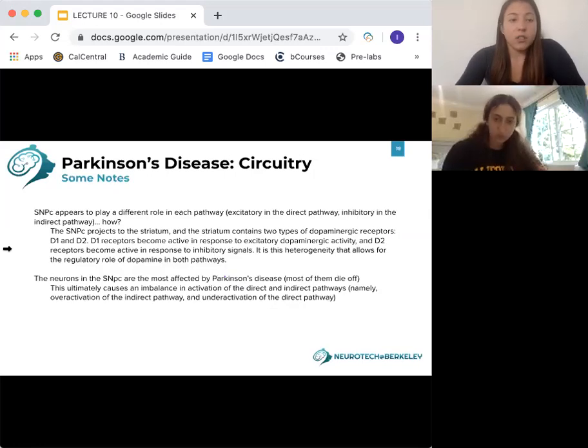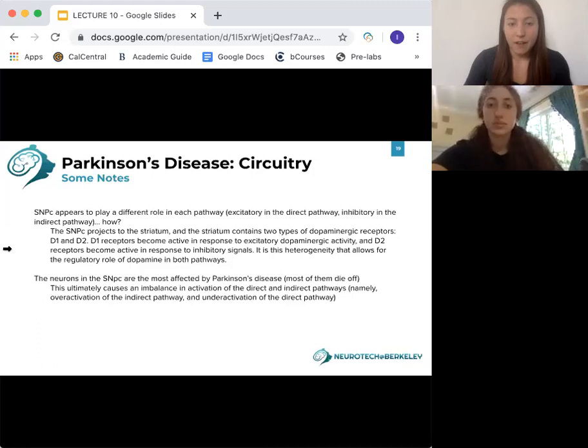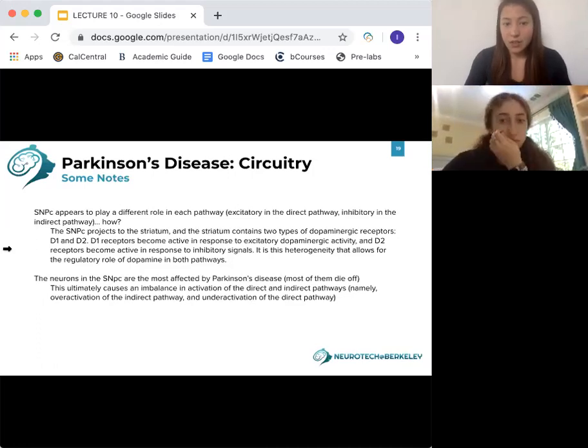Something to note about these pathways is that the SNpc appears to play a different role in each pathway. It's acting excitatory in the direct pathway and inhibitory in the indirect pathway, which can be confusing, but basically the SNpc projects to the striatum, and the striatum contains two types of dopaminergic receptors, D1 and D2.